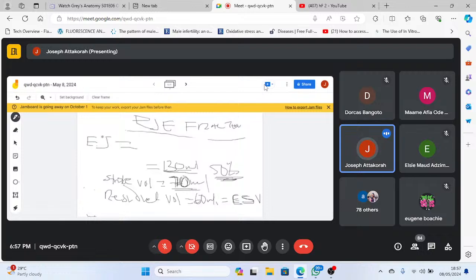What is that expression? The stroke volume over the total volume times 100.